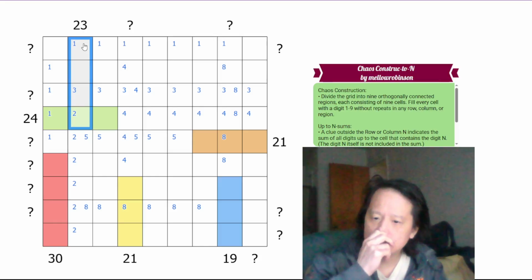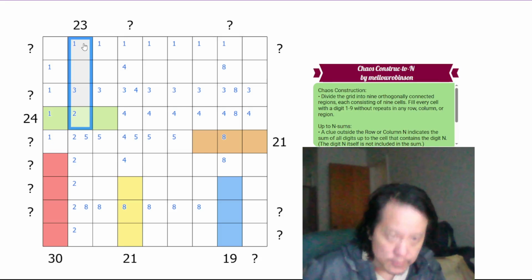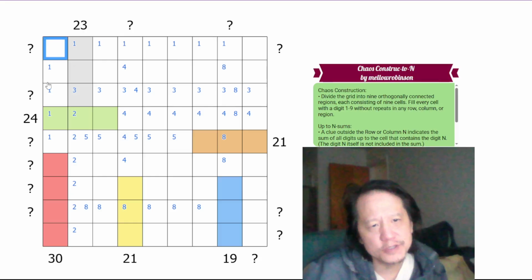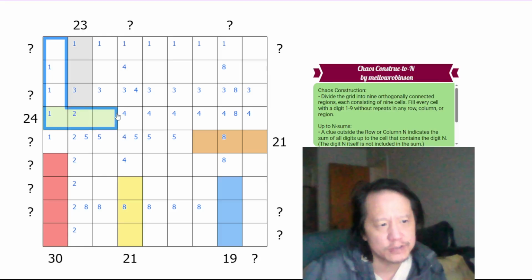Oh. Well, so what did these question marks mean? That means there's at least one digit here. So if these are not part of the light region, they have to be part of the green region, right? Because they can't go out anywhere else.